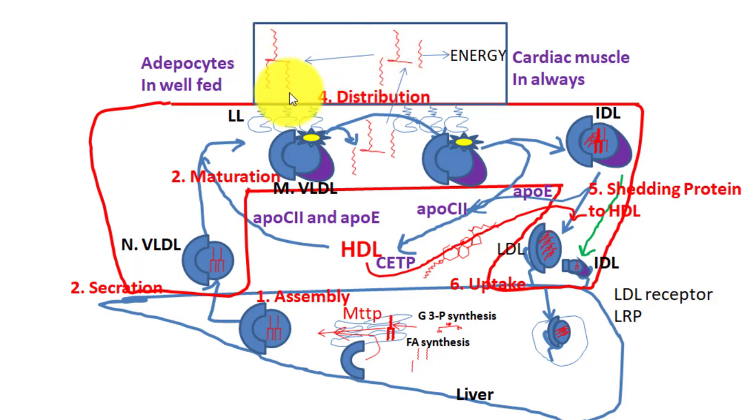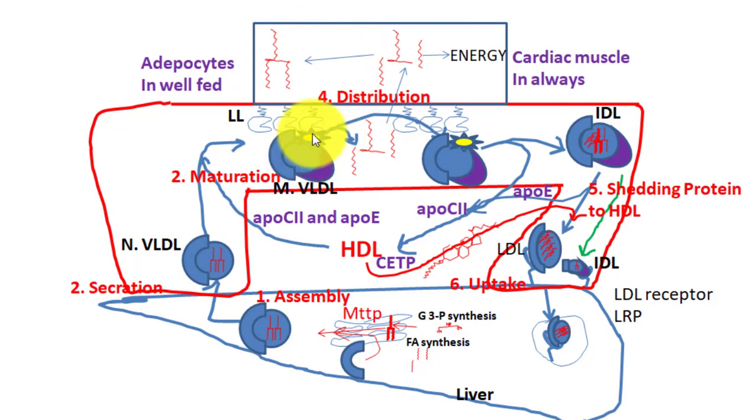But what about cardiac muscles and other muscles, especially cardiac muscle? The cardiac muscle will take this fatty acid and convert it into energy. They do not store it; they convert that fatty acid into energy, but in adipocytes it will be stored.